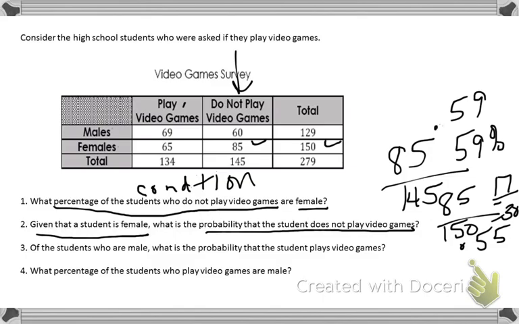Again, you are given a condition. Of the students who are male, that's our condition. So let me find how many males there are. There are 129. Probability the student plays video games. And 69 out of the 129 play video games.